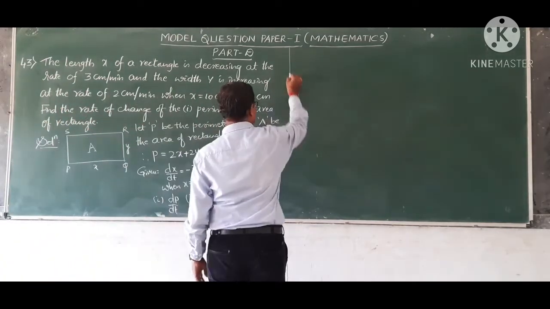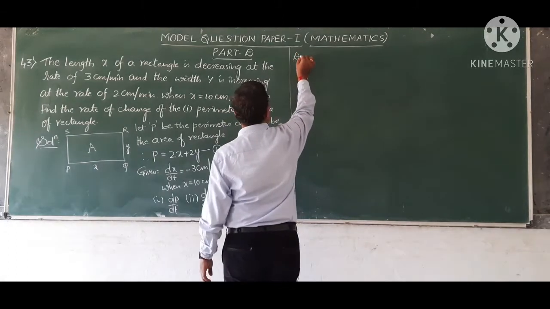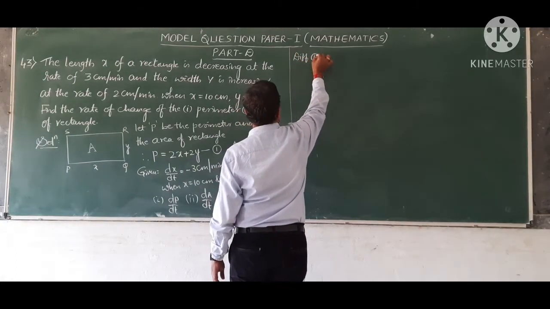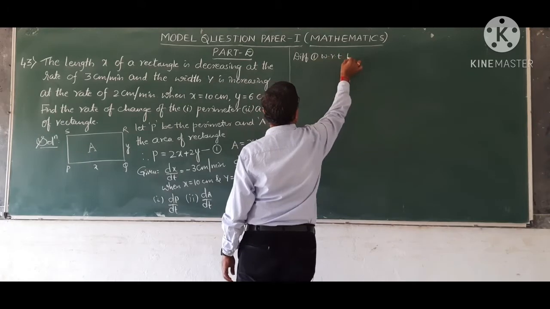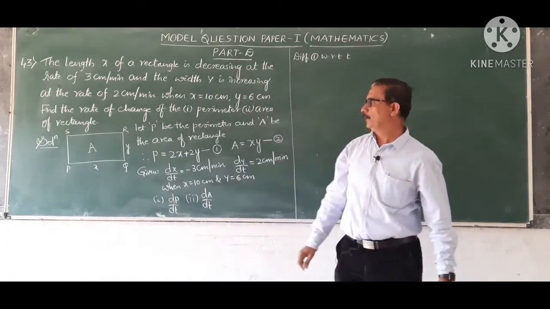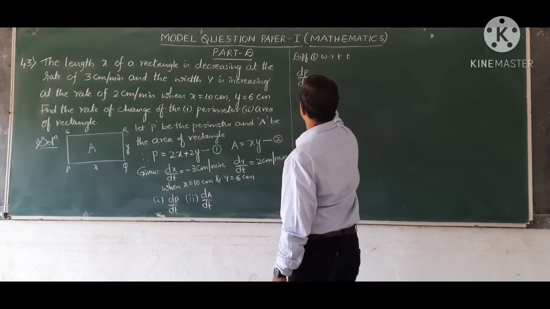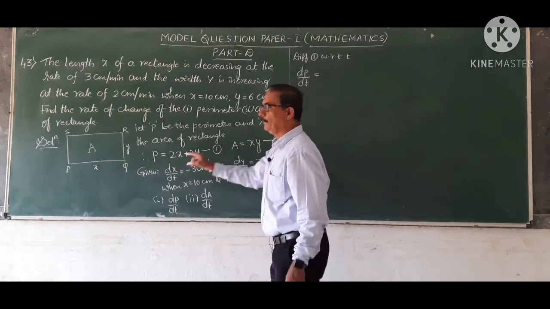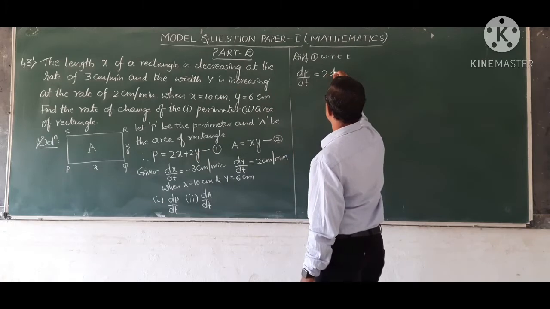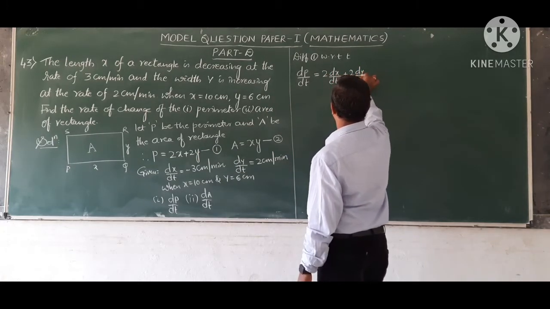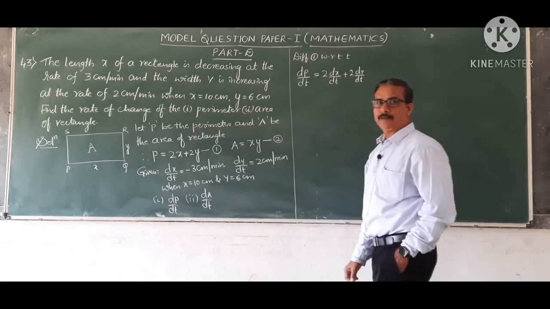To find dP by dt, differentiate equation 1 with respect to t. dP by dt is equal to 2 into dx by dt plus 2 into dy by dt.